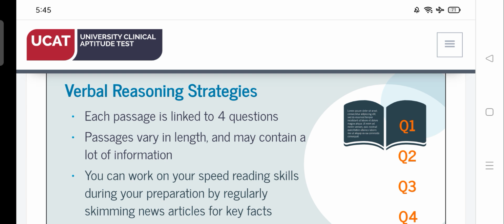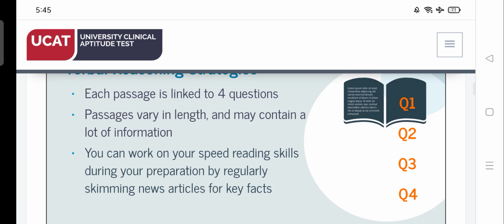Now, verbal reasoning strategies. Each passage is linked to 4 questions. Passages vary in length and may contain a load of information.